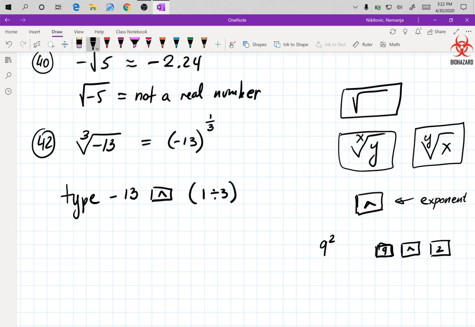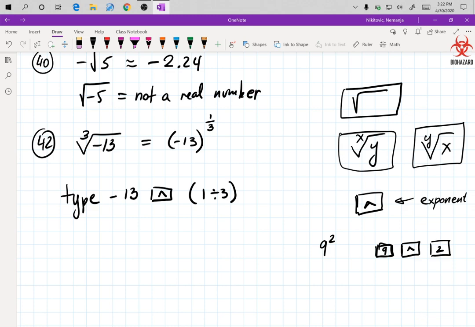That goes for all of these that have exponents. So if you have a cube root, then you can just plug in numbers. And if you only have this button on the calculator, then you can convert your cube root into a 1/3 exponent, and then you can use it.